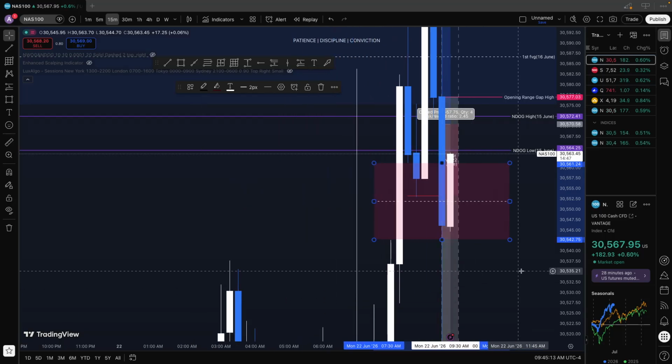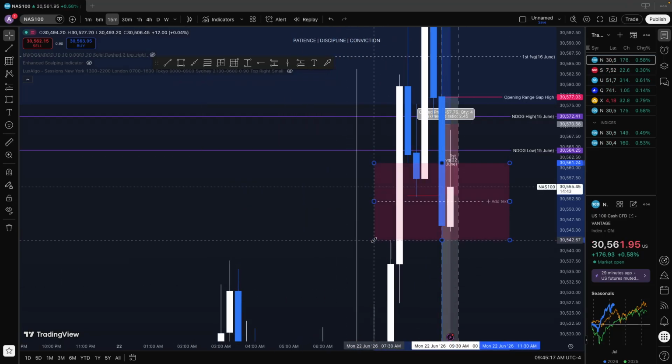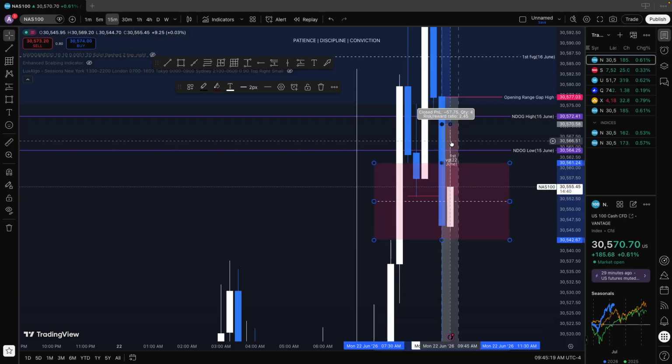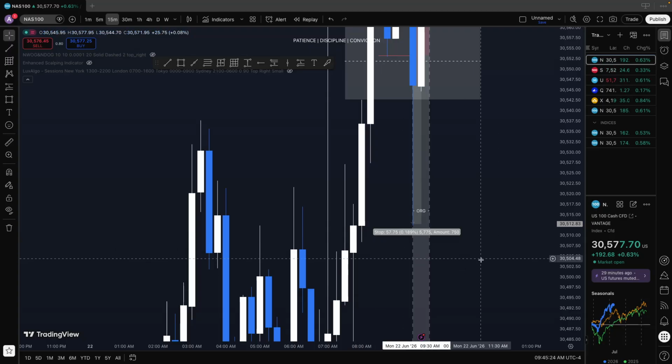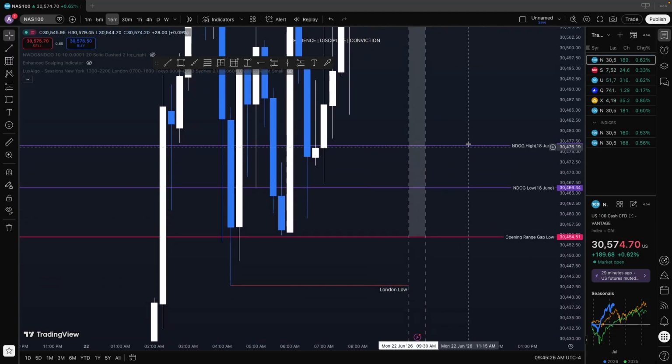Right? Or respecting it though. Looks like we might be shorting. Price coming back into this first fair value gap and then go lower to take out the London low.